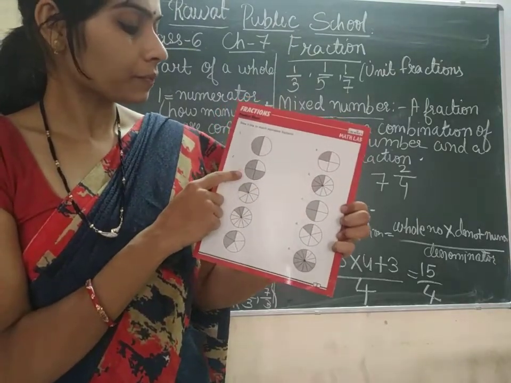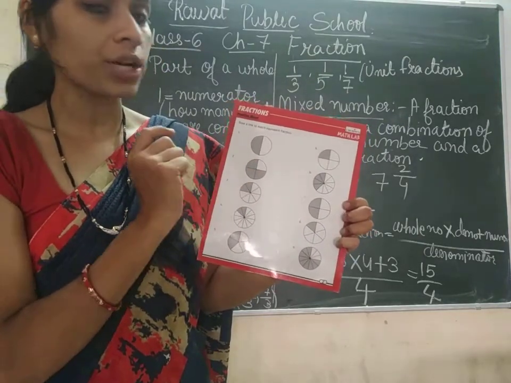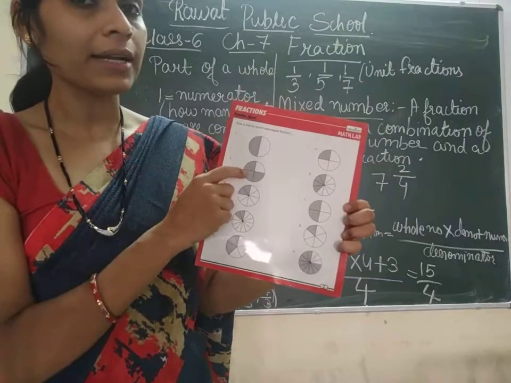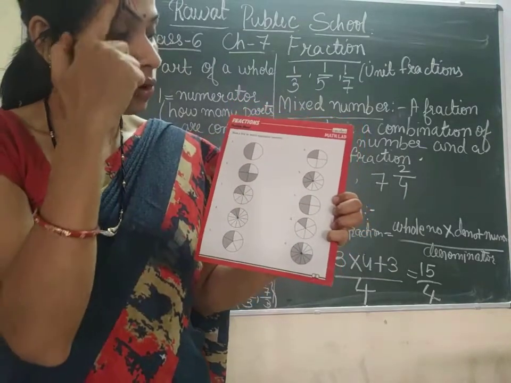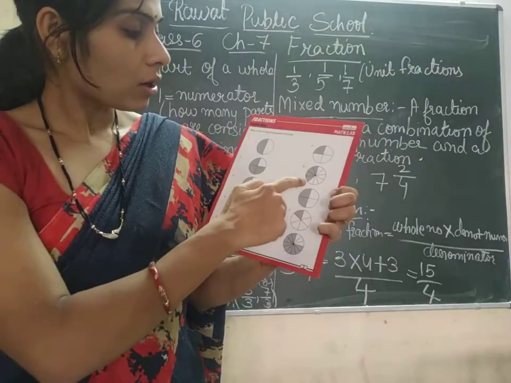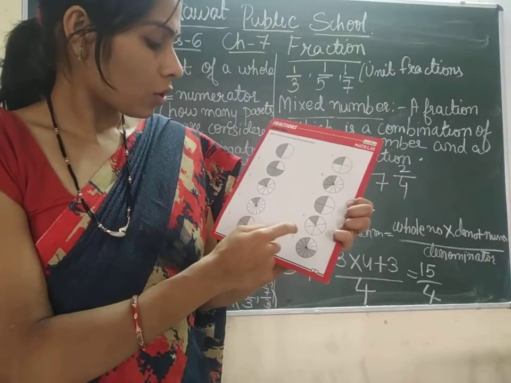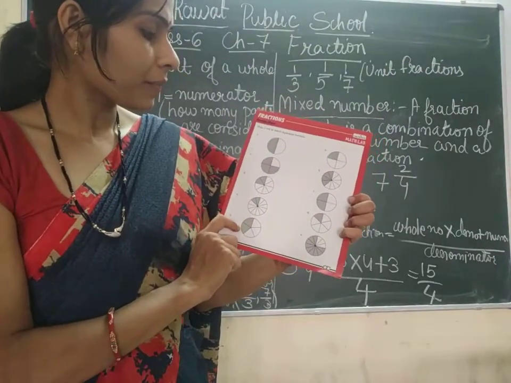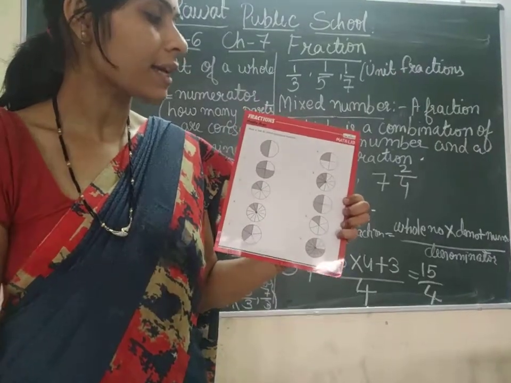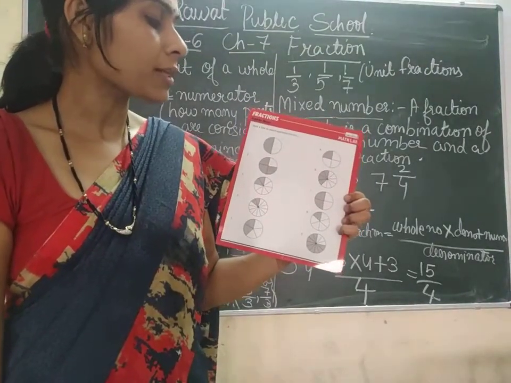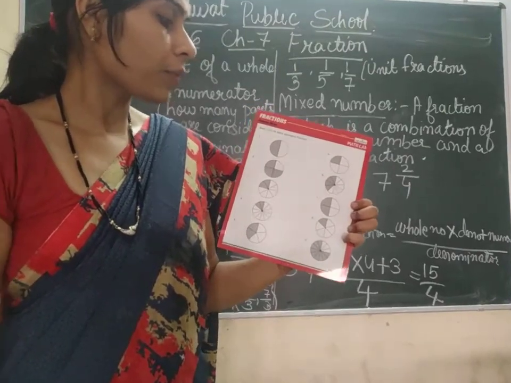Now here, among the 4 portions, 3 portions are shaded. So what will we write? 3 by 4. Let's see here also. Okay. 1, 2, 3, 4. In the same way, here also you can match and see whether the fractions are equal or not. Okay, understood?